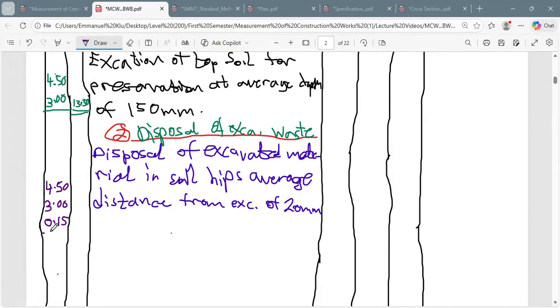At the end of the day, if you multiply all these three quantities, what are you going to get? You're going to get 2.03.